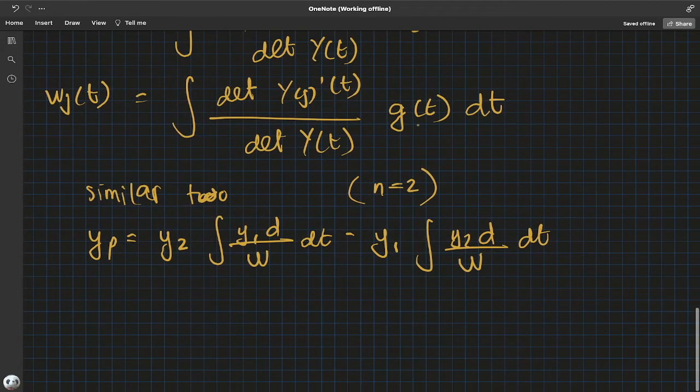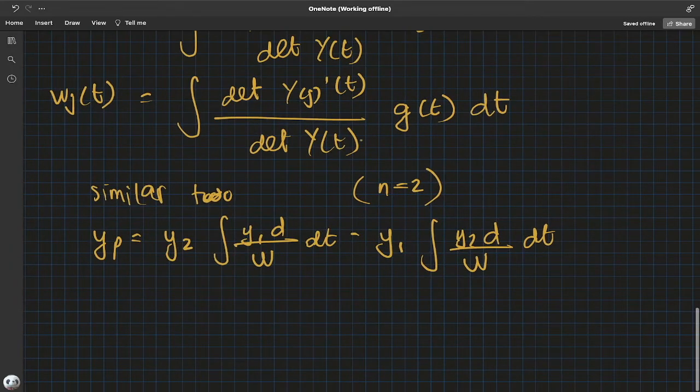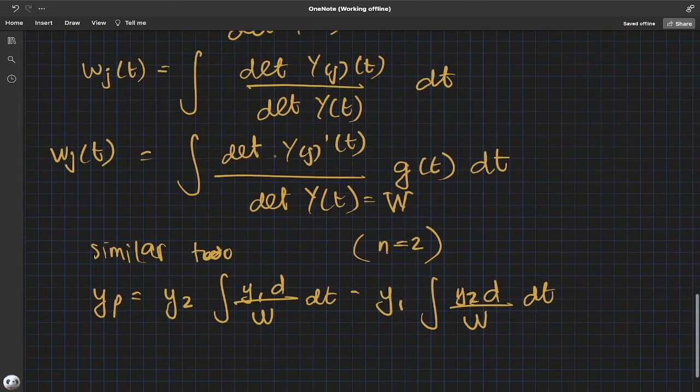Here the driving function is g of t, that's why I pulled it out. Wronskian, well, we indeed have that in the denominator, so don't need to worry about it. We discussed that before. That's how we define the matrix Y of t. These y1, y2 were homogeneous solutions back then. They still are now, because this matrix is the homogeneous solution matrix.